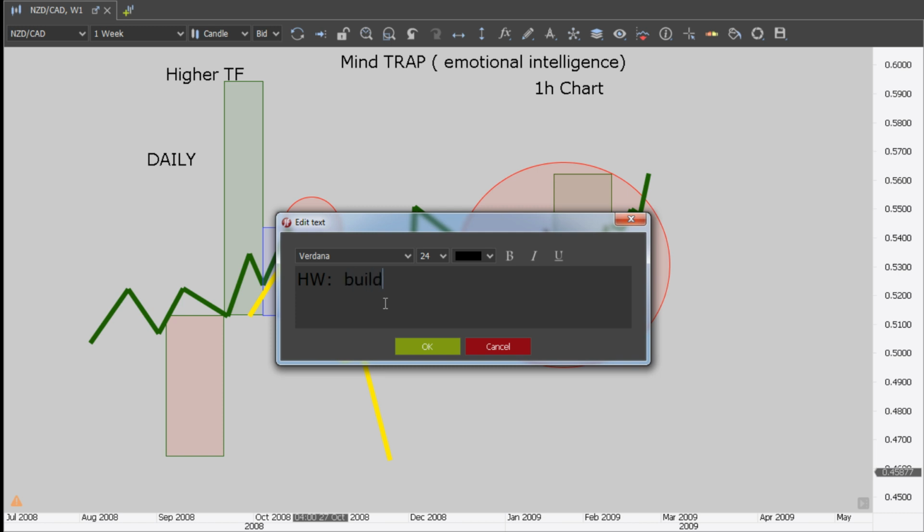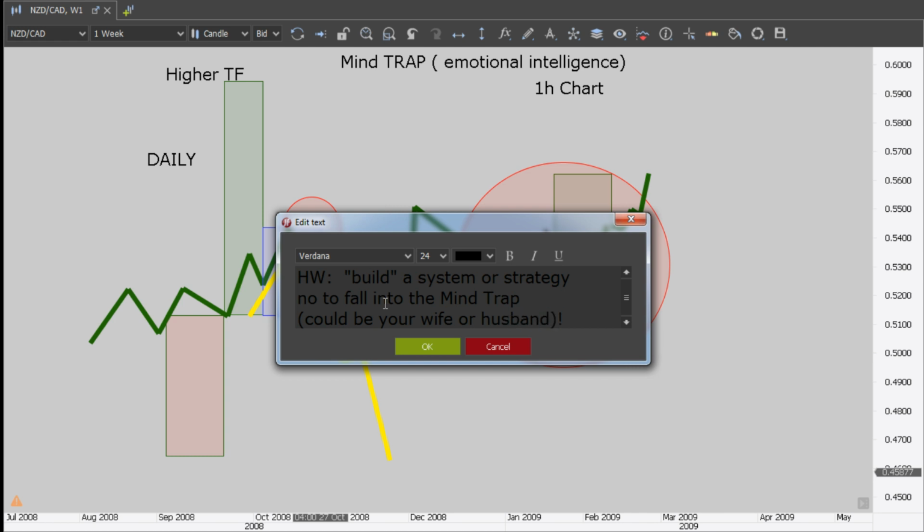Build, for the lack of a better word, build a system or strategy not to fall into the mind trap. And it could be funny, but it could be your wife or husband.